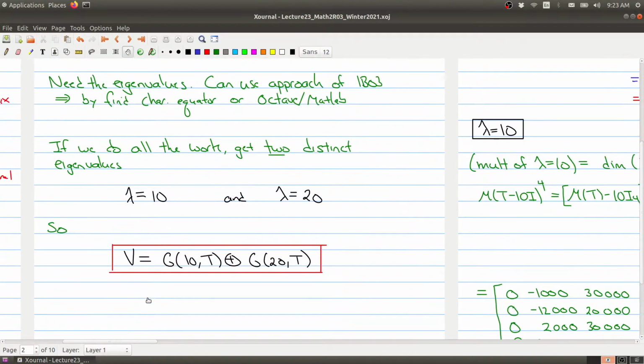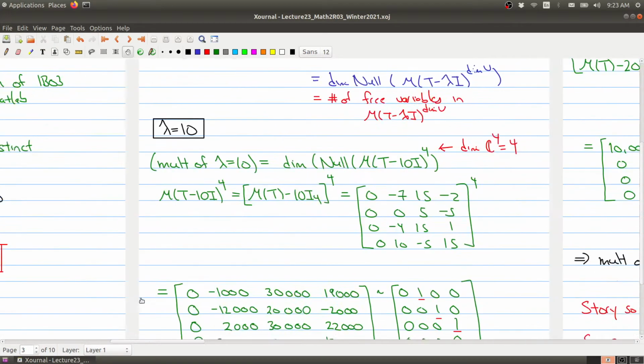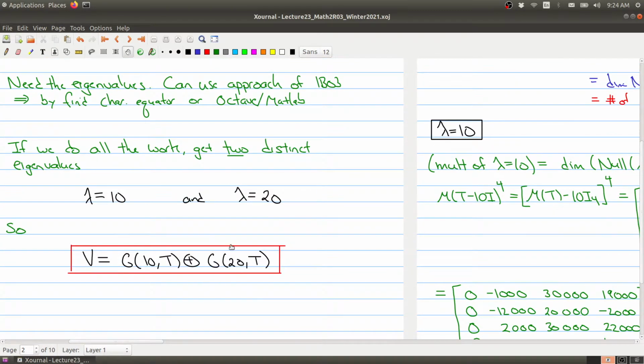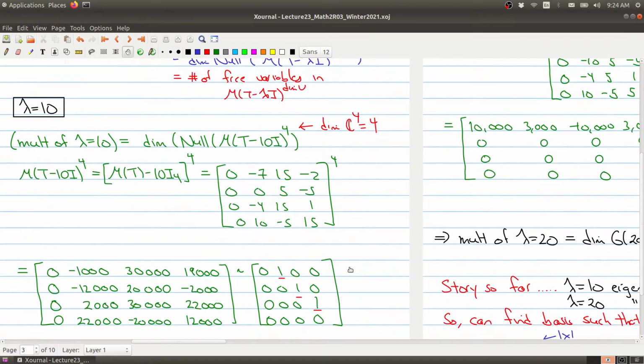Way back here, we said that our vector space V is this direct sum. So we found a basis for this part, and we now found a basis for this part. And since it's a direct sum, we can combine those bases together to get a basis for V. So that's what we've done here. We've taken this statement and found a basis for each individual part.